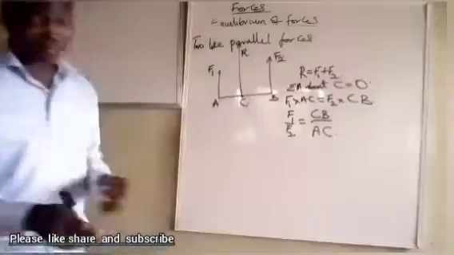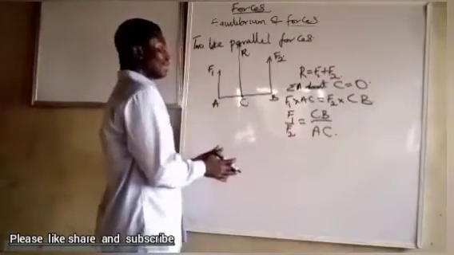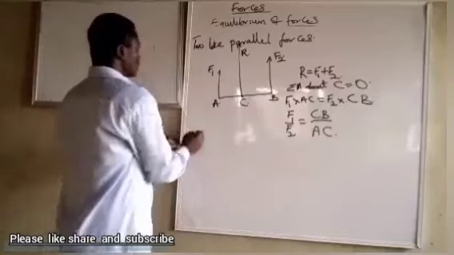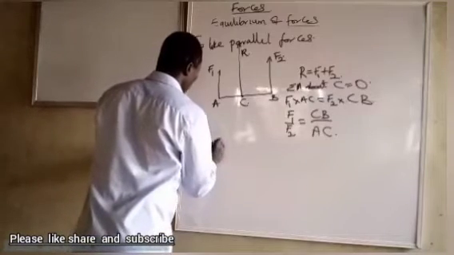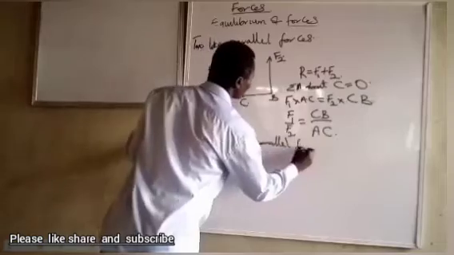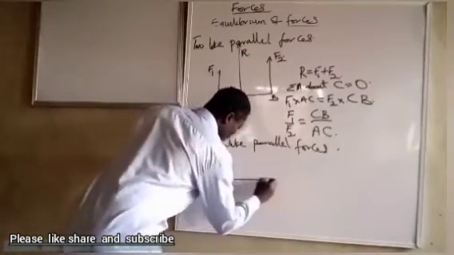I have told you before that if it's at the same point and it's at equilibrium, the two of them are equal. Now let's look at two unlike parallel forces on the body. What are you going to have here? Let's say it is like this.